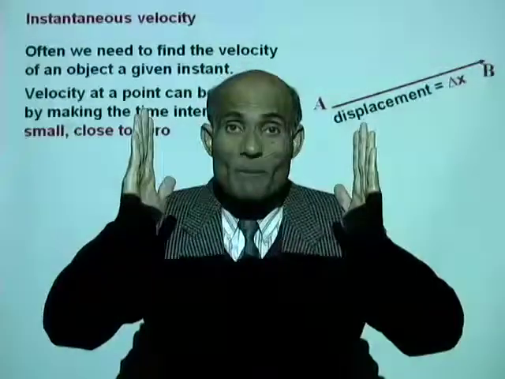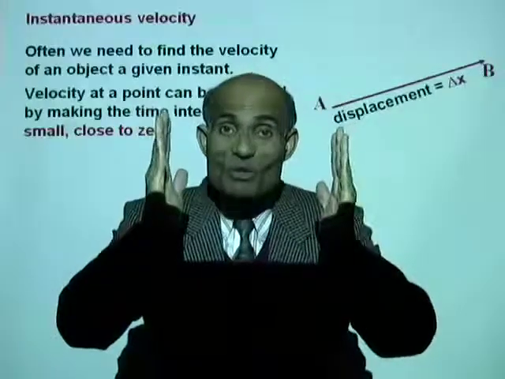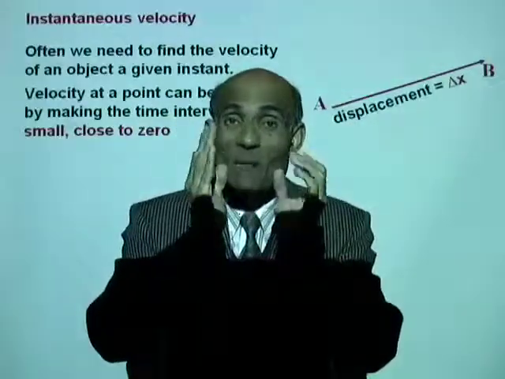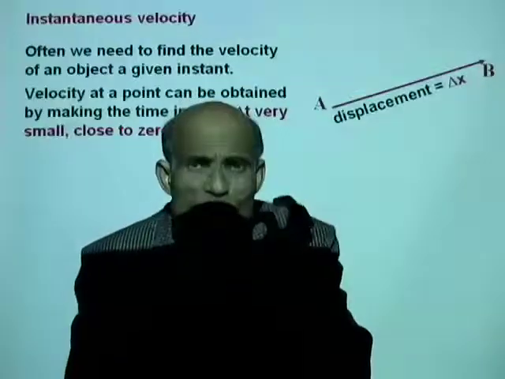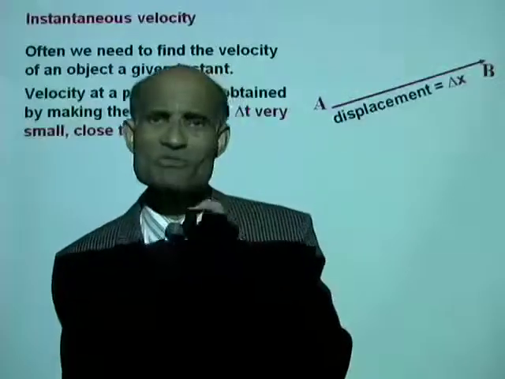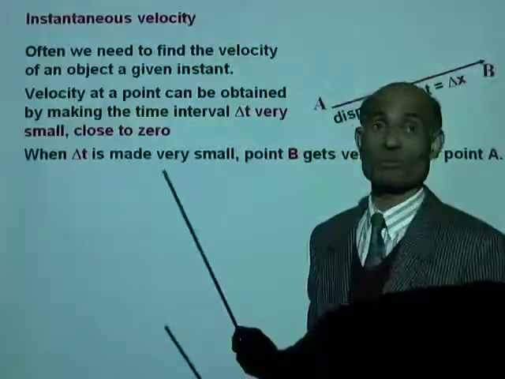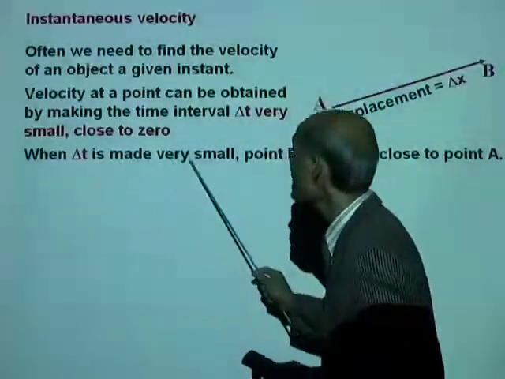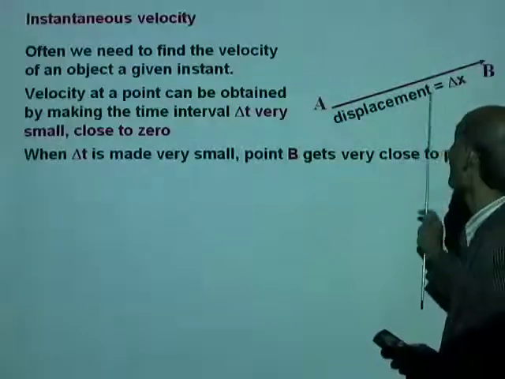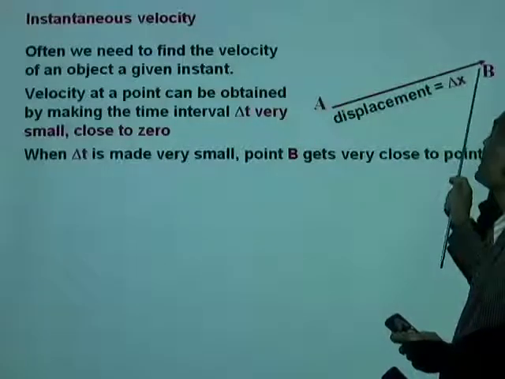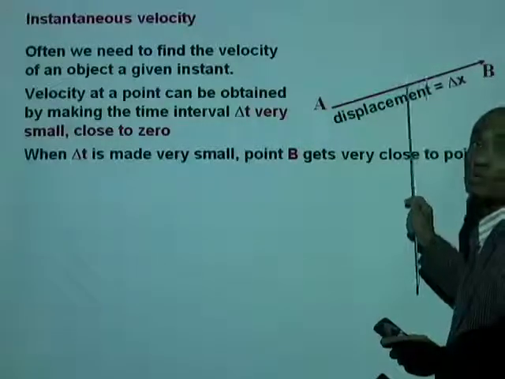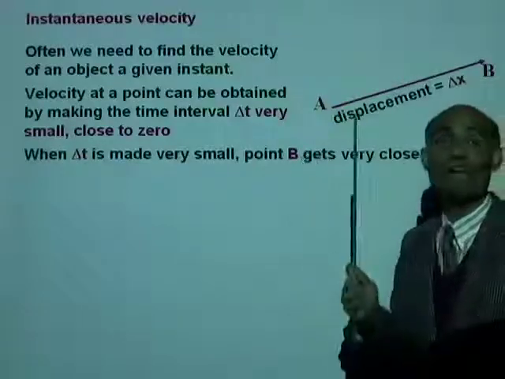So what do we do? Make that time interval very close to zero. It cannot be zero, but make it as close to zero as possible. When delta t is made very small, the point B will come closer and closer to point A.